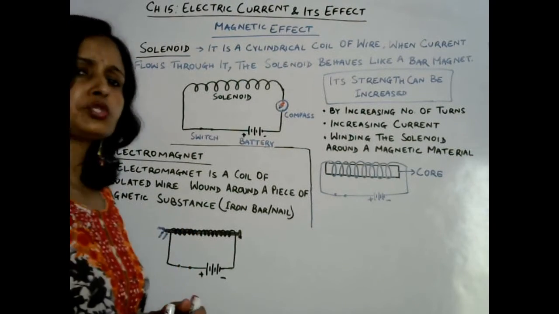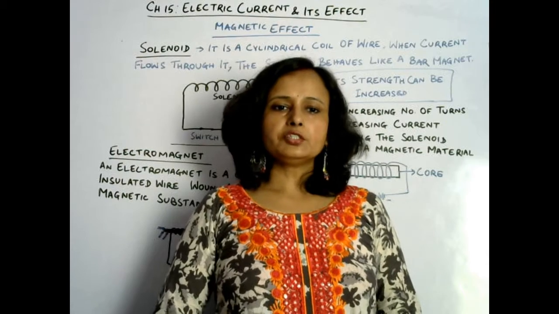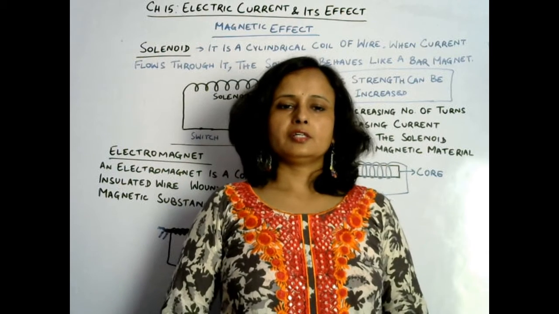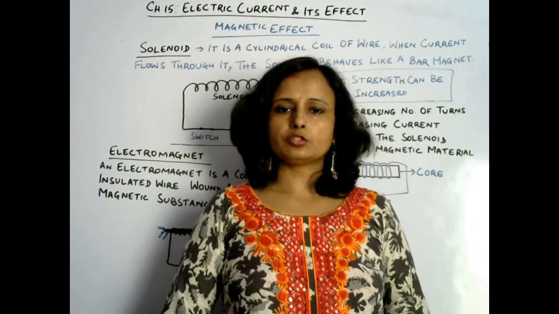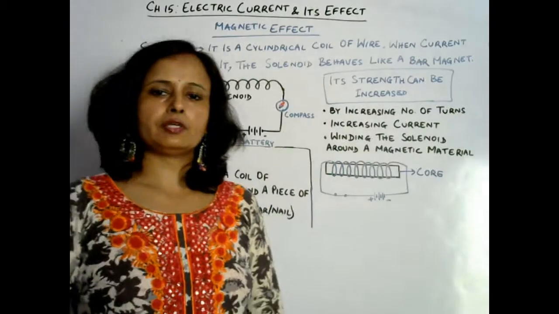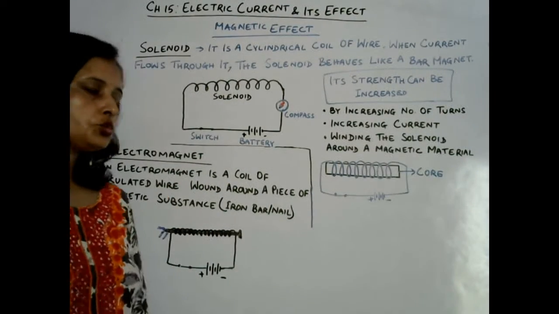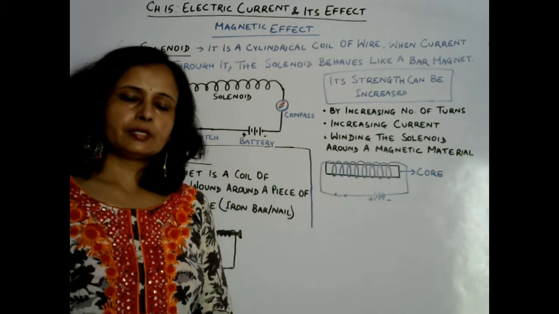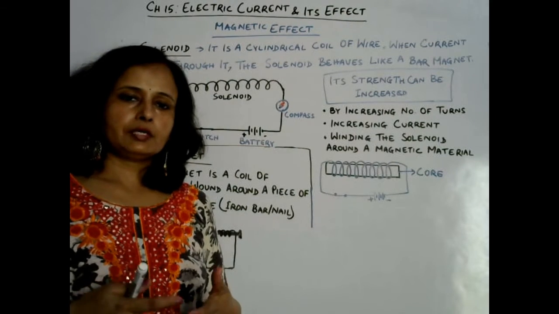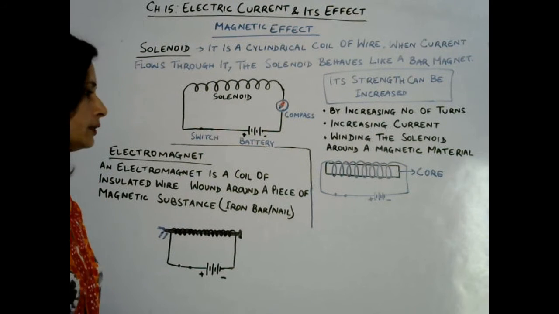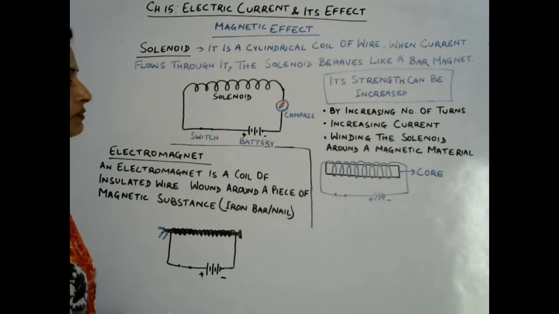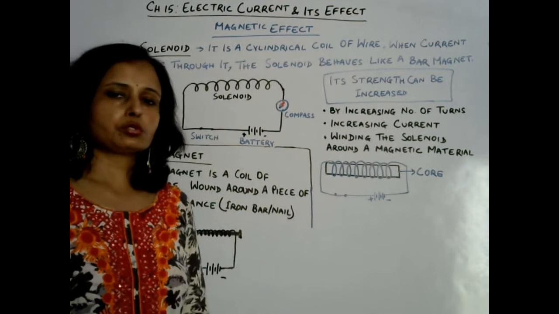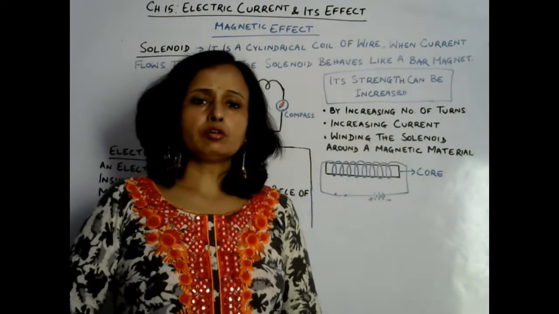There are so many uses of electromagnet. What are the uses of electromagnet? Now let us discuss the uses of electromagnet. These are used in generators, motors, transformers, and even in headphones and different kinds of devices. These are used even in loudspeakers.